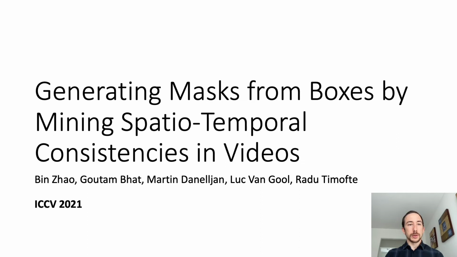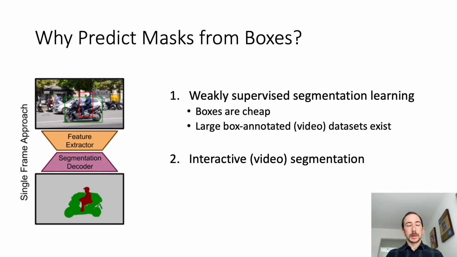Next, I will briefly introduce a follow-up work that we present here in ICCV. It is called Generating Mask from Boxes by Mining Spatiotemporal Consistencies in Videos. In this work, we address the task of predicting a segmentation mask given an input bounding box. So why would we like to do that? Well, first of all, bounding boxes are very cheap to annotate compared to segmentation masks.